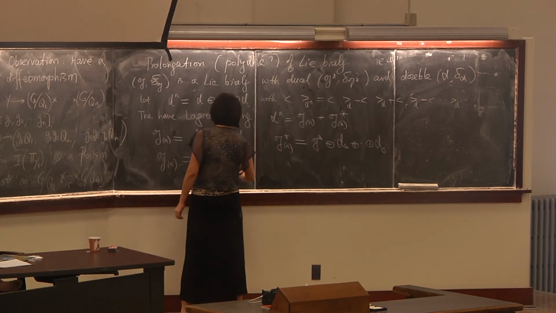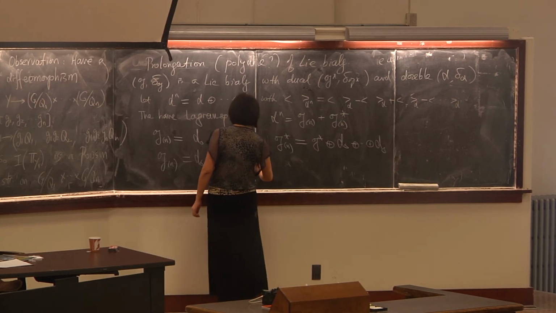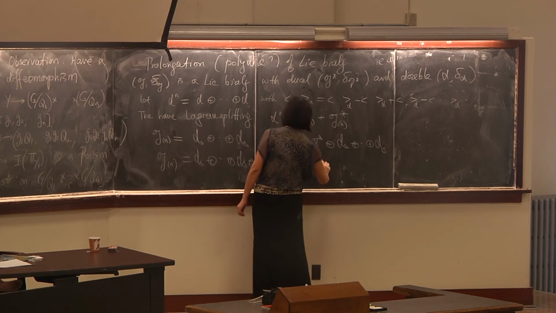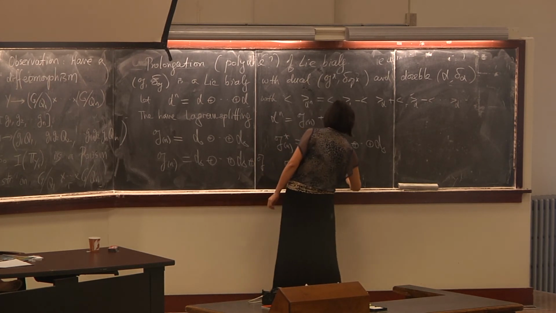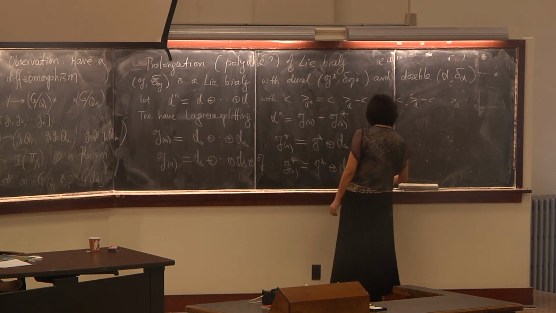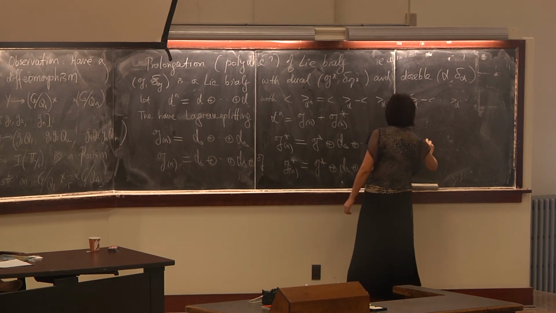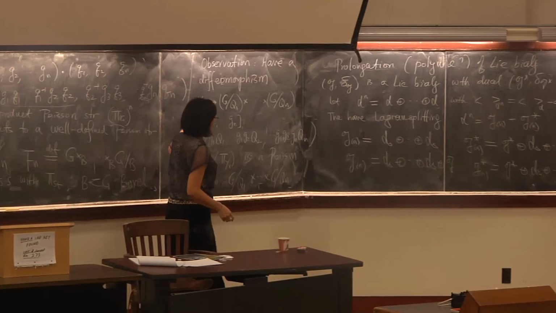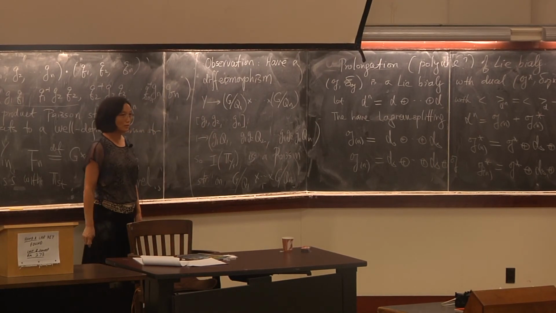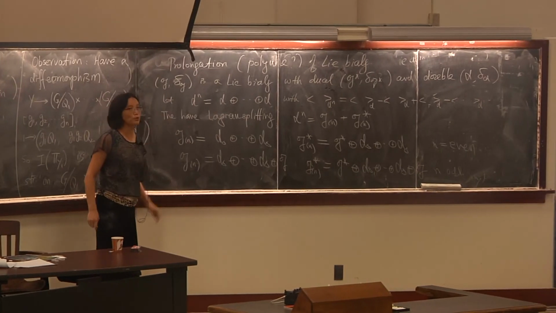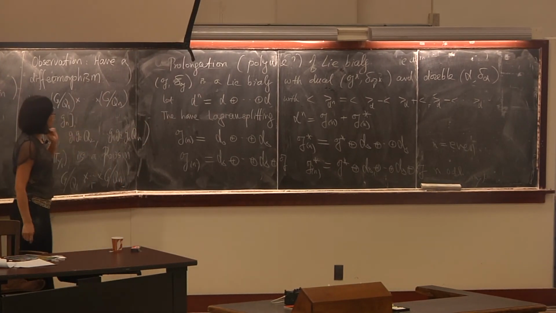So depending on whether n is even or odd, this is n even, this is n odd. And then the theorem is that this Poisson structure is defined by this Manin triple with an admissible action.